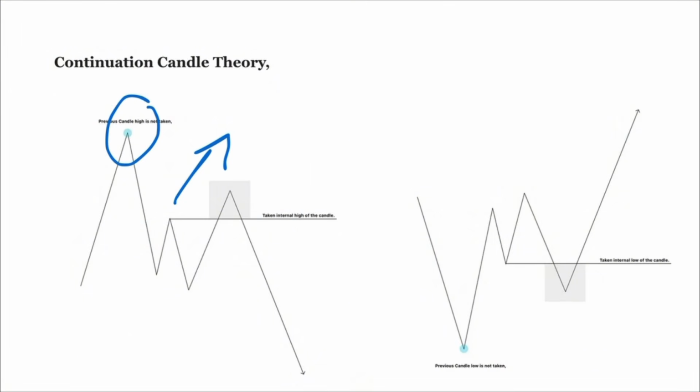It's not a candle high, which I marked with the arrow. It's an internal high which gets manipulated. Same for bullish: you look for an internal low that gets taken out, and you long. Remember, the previous candle low will not get manipulated.